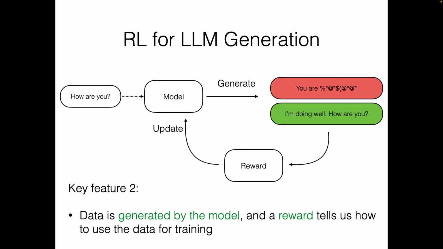Second, now we don't necessarily have to rely on human created data or static data. Now we are dynamically generating data with the language model. And we use this reward function for determining how we use the data. So in particular, we don't have to just use the good data. We can actually get some learning signal from the bad data.